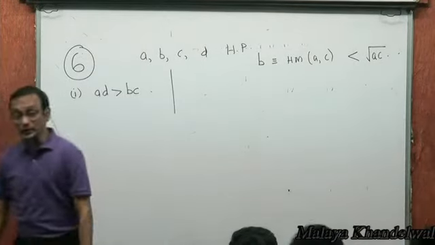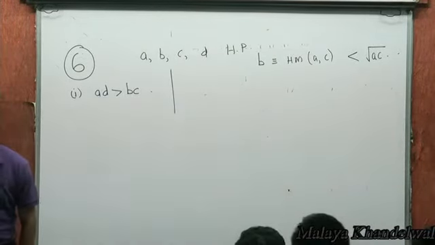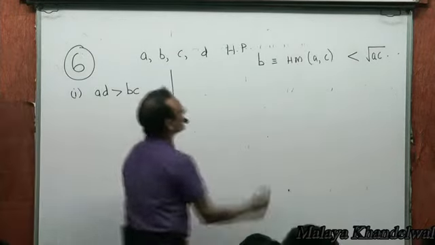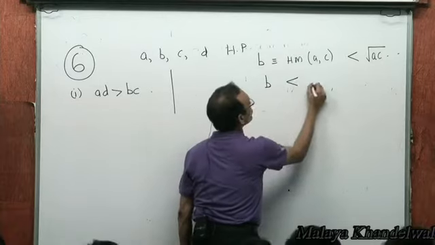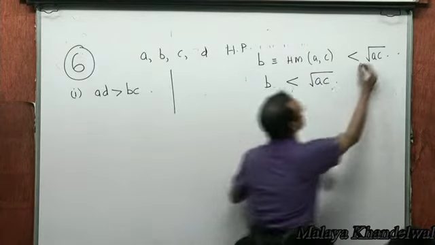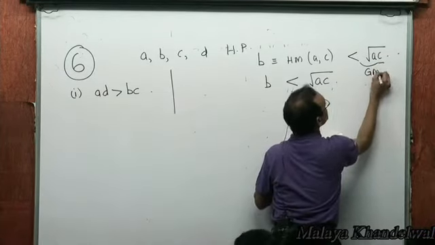Therefore, one thing for sure, B is less than root AC. Harmonic mean less than geometric mean; this is the geometric mean between A and C.